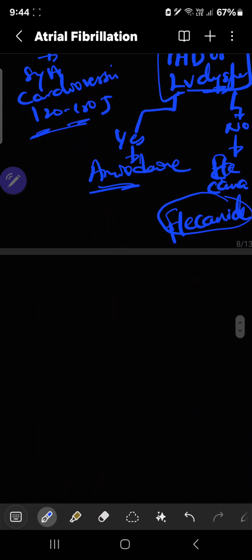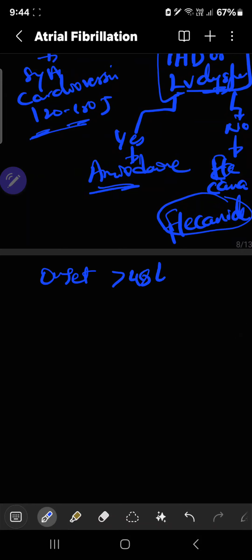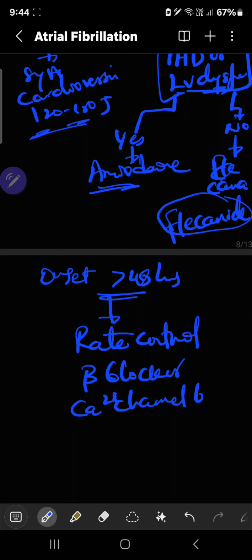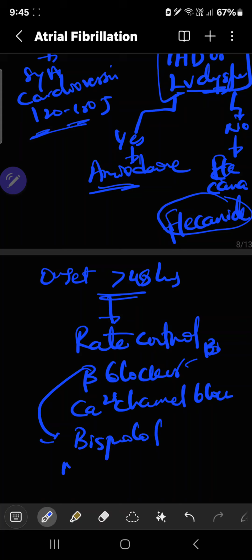Now let's move on to onset more than 48 hours. If the onset is more than 48 hours, you have to do rate control. For rate control, you have to use beta blockers or calcium channel blockers. Beta blockers like bisoprolol or metoprolol.